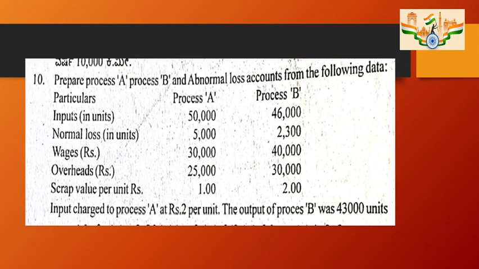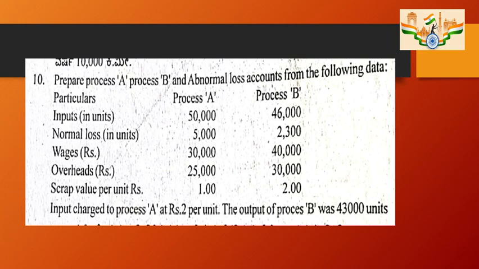Okay. Prepare process A, process B and abnormal loss accounts from the following data. Particulars: process A, process B. Inputs in units 50,000, 46,000. Normal loss in units 5,000, 2,300.